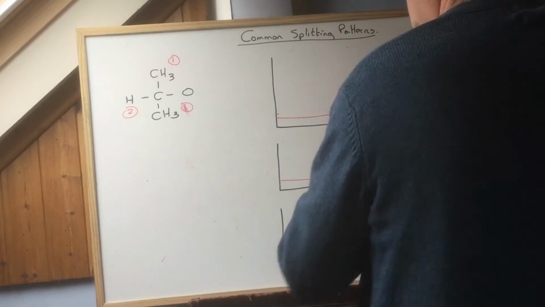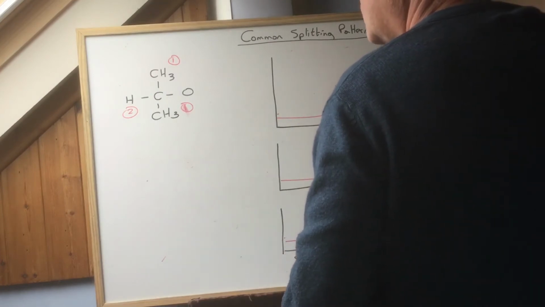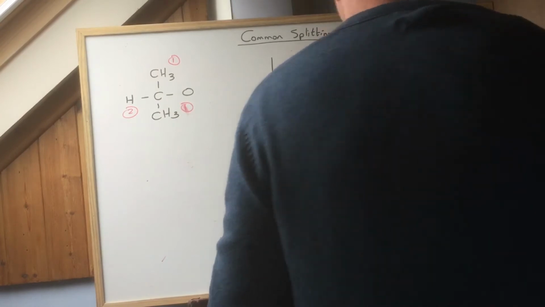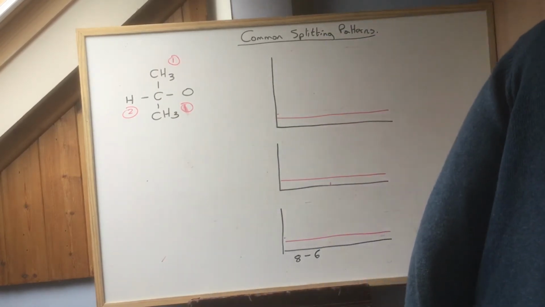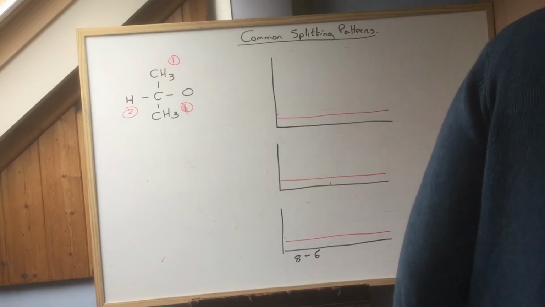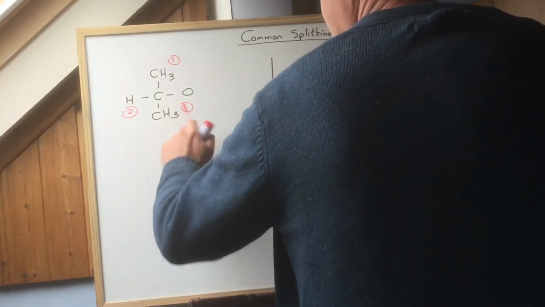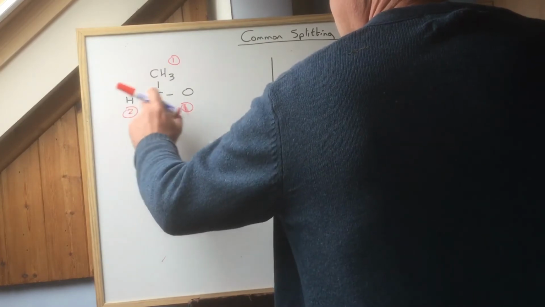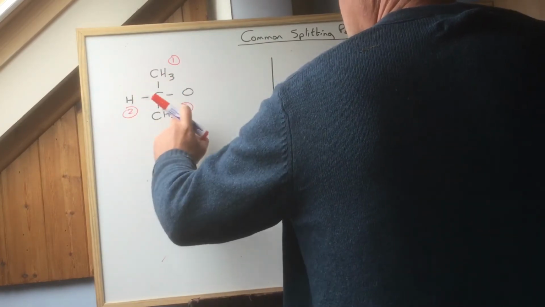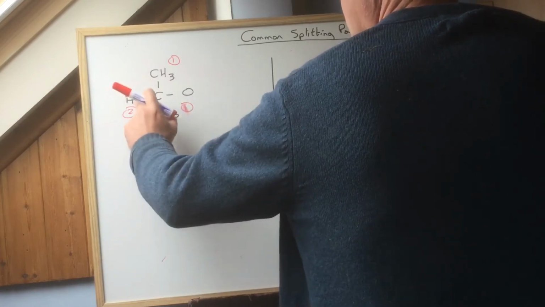I want you to produce splitting patterns for this for me, please. Right, H joined to C, joined to an O, H joined to a C, okay.